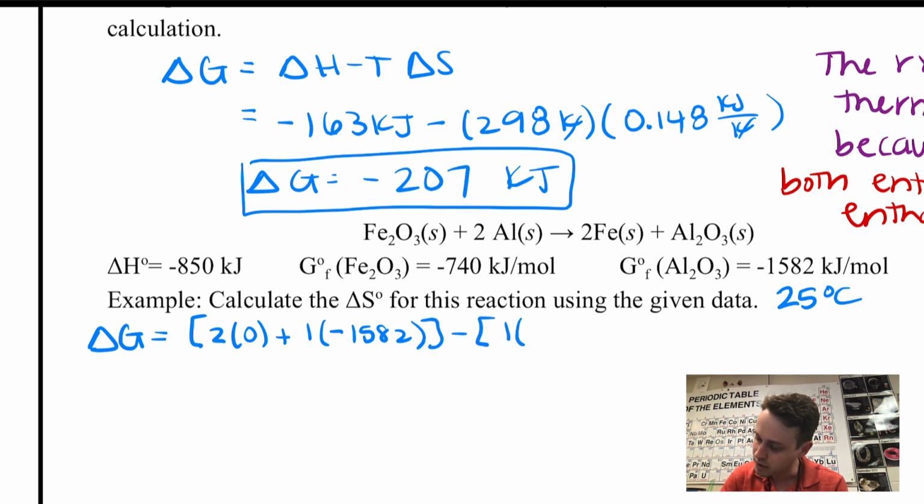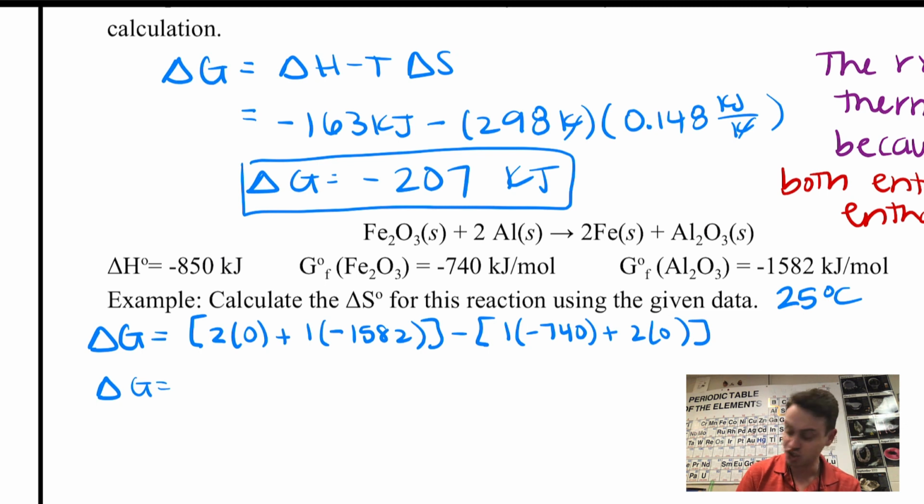Reactants, we have Fe2O3, which is negative 740. And we have aluminum, which would be 0. Okay, I got that my delta G for this reaction is negative 842 kilojoules.